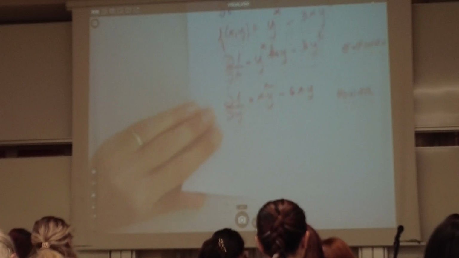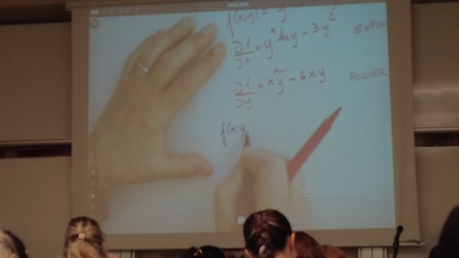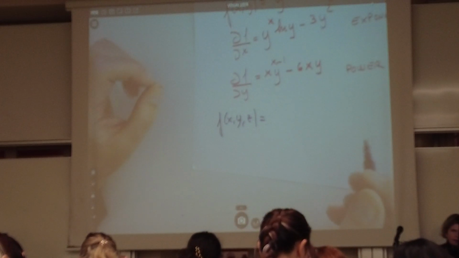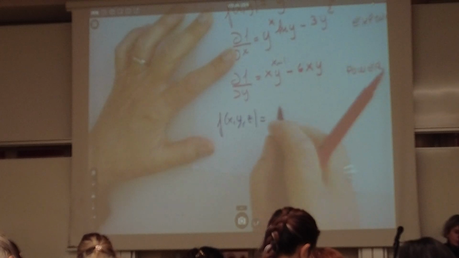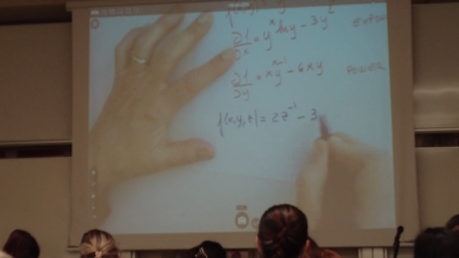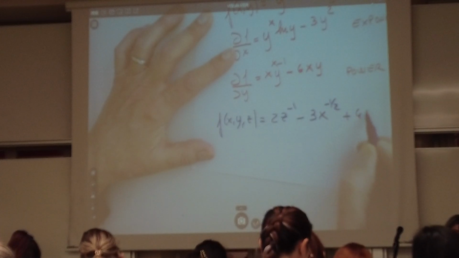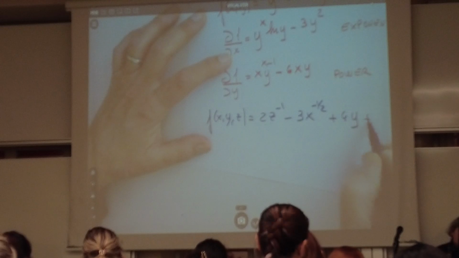Another one. f of x, y, z is 2z to the minus 1 minus 3x to the minus 1/2 plus 4y plus 100.